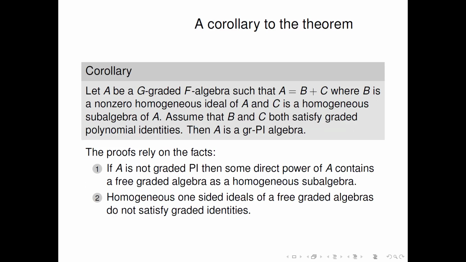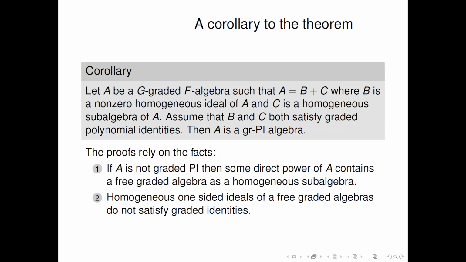As a corollary, we have the following. Take a G-graded algebra A, which is a sum of B and C, where B is a non-zero homogeneous ideal and C is a homogeneous subalgebra. Then if B and C satisfy graded identities, A also satisfies a graded identity.